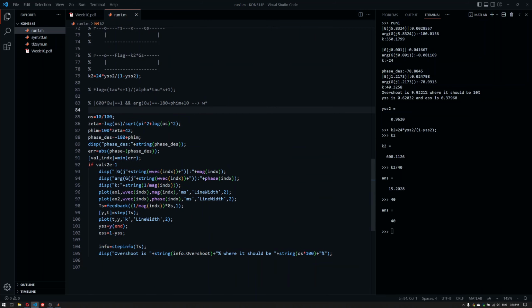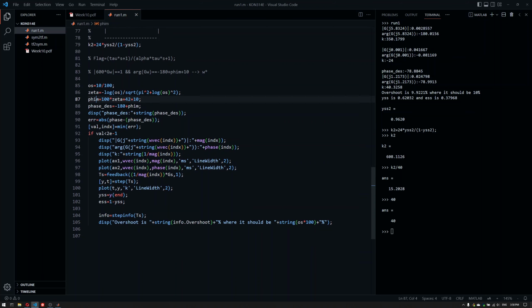So basically, therefore, I'm just increasing it by even more, like 10. So now I'm really off of my initial phi m, but that's no problem. Now we look at a desired phase margin, and then we will end up in a frequency.